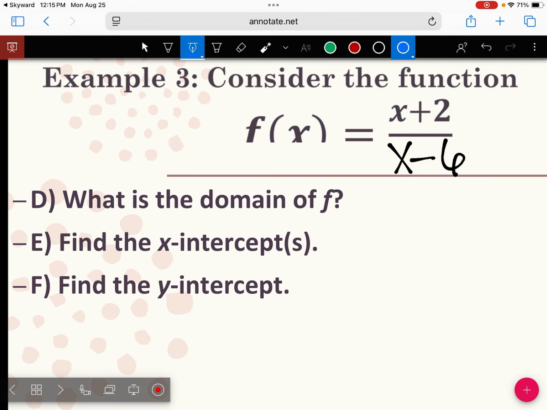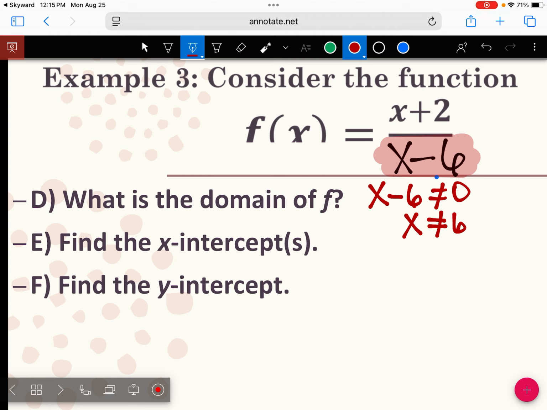Part D says, what is the domain? So do we have a red light in this function? We do. So when you're trying to find your domain, this is what you're focusing on. Remember, it's the denominator. x minus 6 cannot equal 0, which means x cannot equal 6. Go ahead and write that in interval notation.